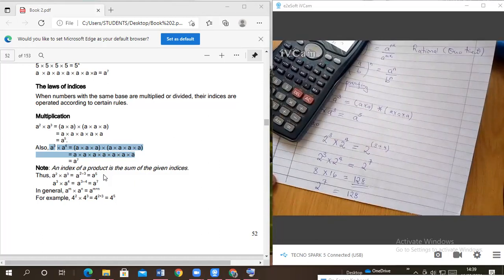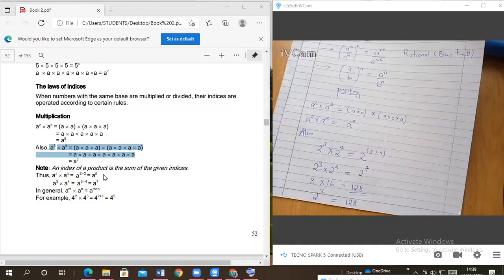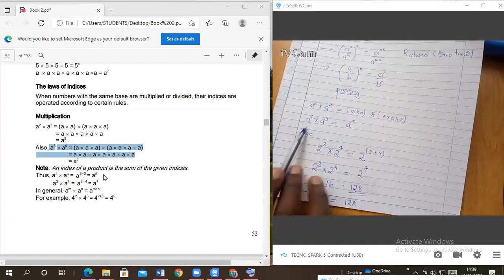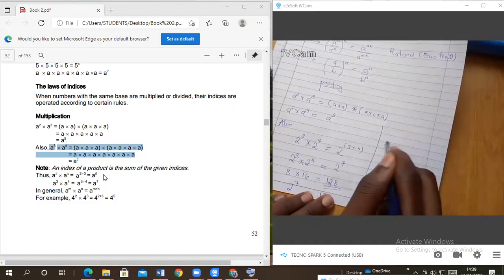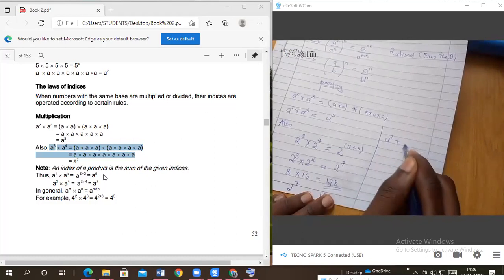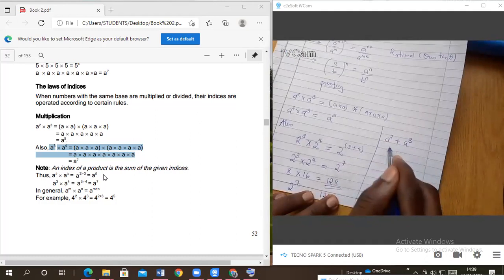And it's a law. And this law is only applicable when we are multiplying. Someone may ask, why is that? It's not the same as a squared plus a to the power 3. Are they the same? No. So this law, the one that we have looked at, does not apply to this one.